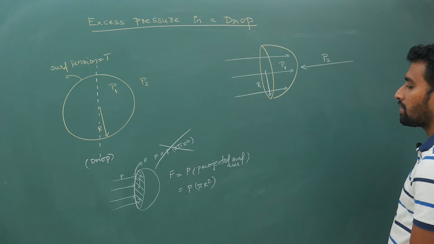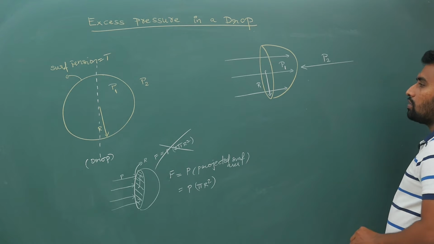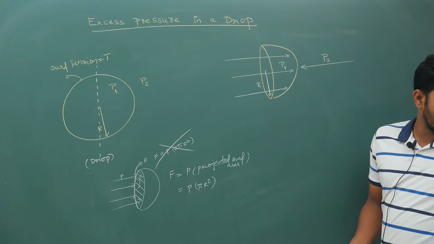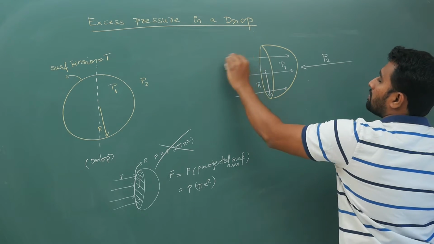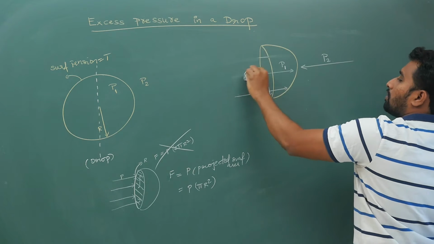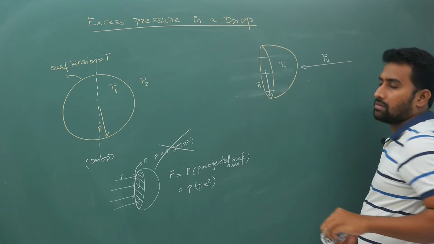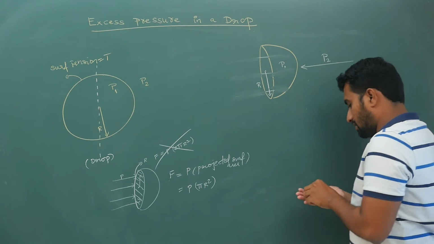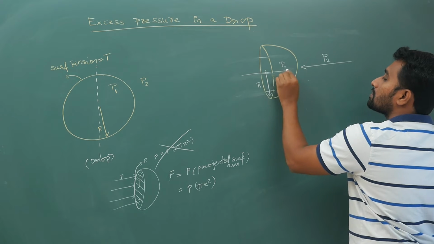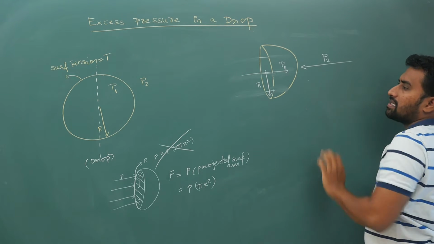So now let us come back to this. On this portion of the liquid, because of the pressure from inside, there will be some force, and because of outside pressure, there will be some force.